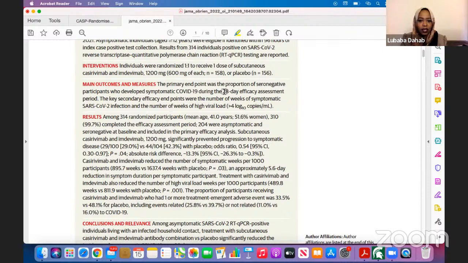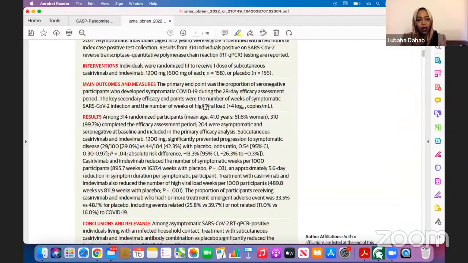So the researchers identified the 28-day efficacy assessment period, where they followed the participants weekly to find out whether they would develop symptoms or not. The key secondary efficacy endpoints were the number of weeks of symptomatic SARS-CoV-2 infection and the number of weeks of high viral load.